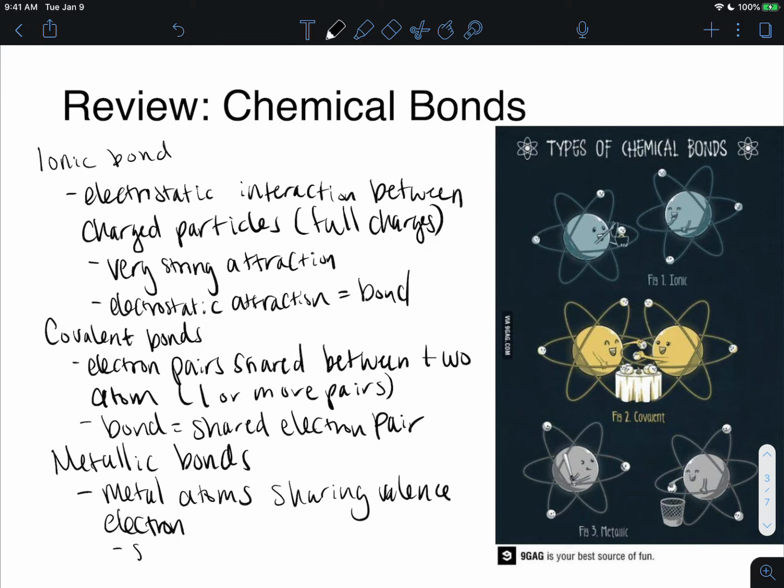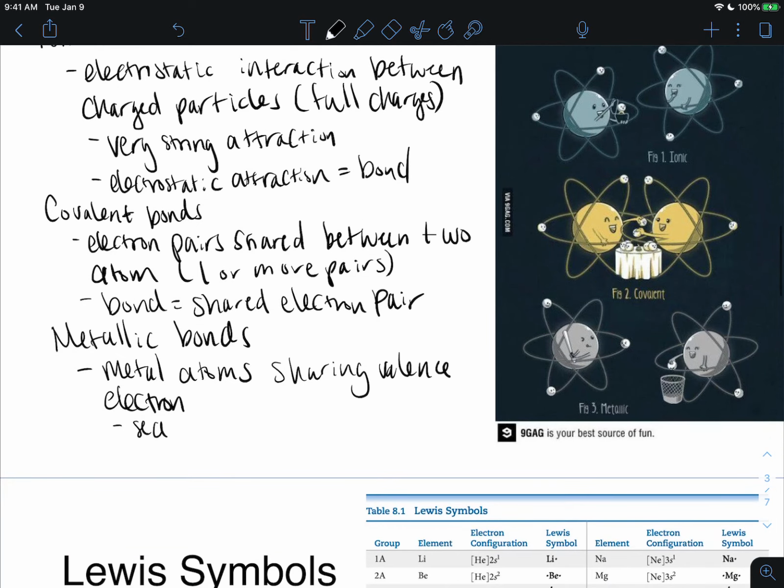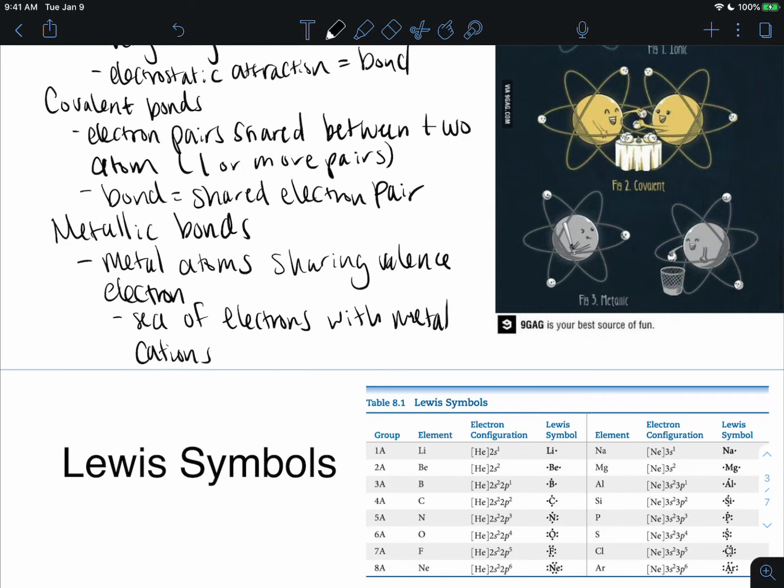So we have a sea of electrons with metal cations arranged in an organized pattern.